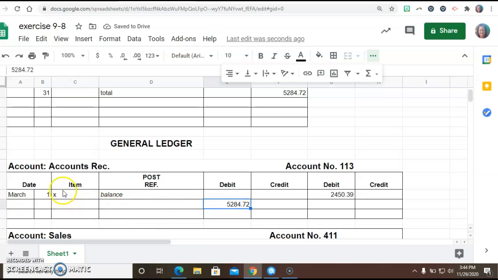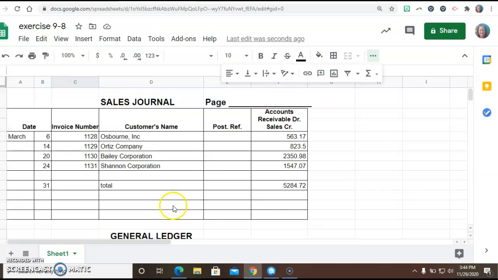Okay, so if you notice that there's already a balance in our general ledger, hopefully you guys remember from when we posted, I know it's been a while, how we post into our ledgers. So we're going to do here at the end of the month on the 31st. Okay, this is journal page number 24.